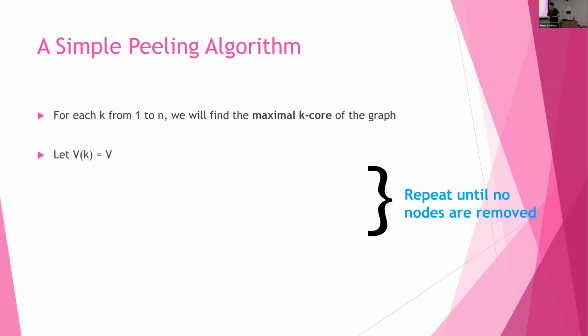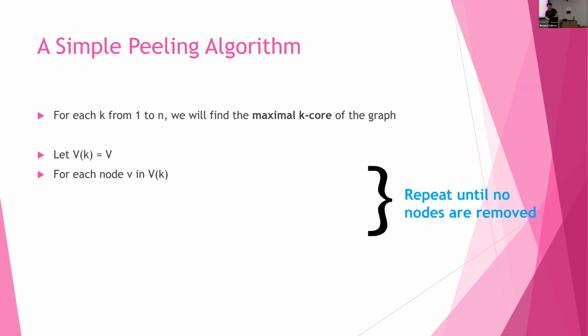To do that, we start with this candidate set for the K-core of the graph, V of K. Recall that the K-core contains vertices such that the induced degree in the K-core is at least K. So the natural idea is to peel off the vertices that have induced degree less than K. You just keep doing that until there are no more of them.